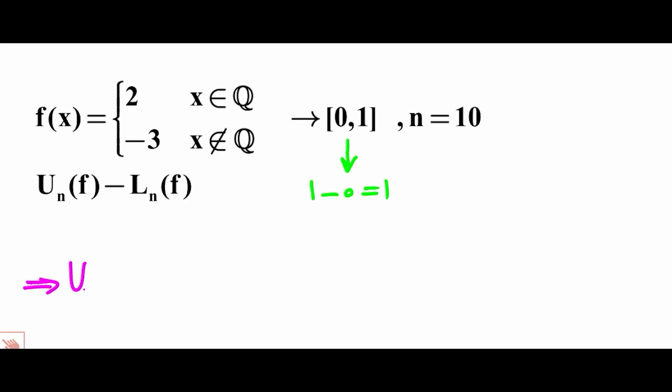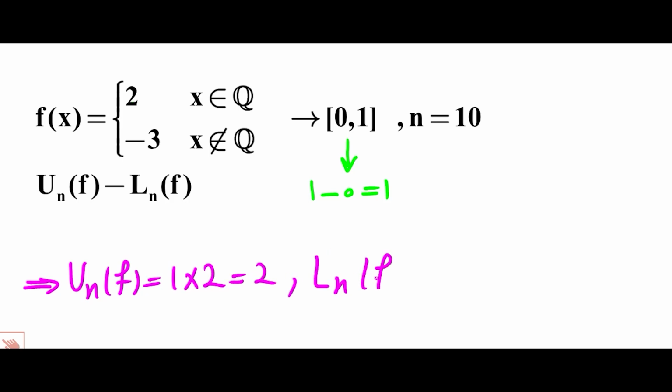So the upper sum Un of f equals 1 times 2 equals 2, and Ln of f equals 1 times negative 3 is negative 3. So Un of f minus Ln of f equals 2 minus negative 3, which is 5.